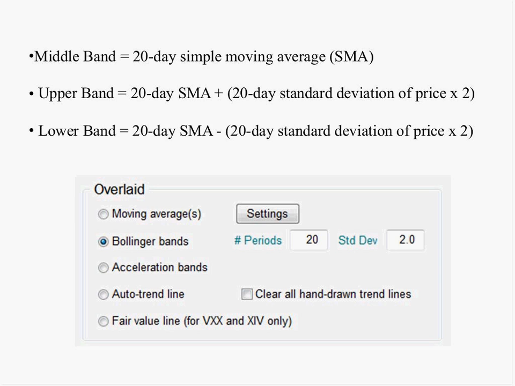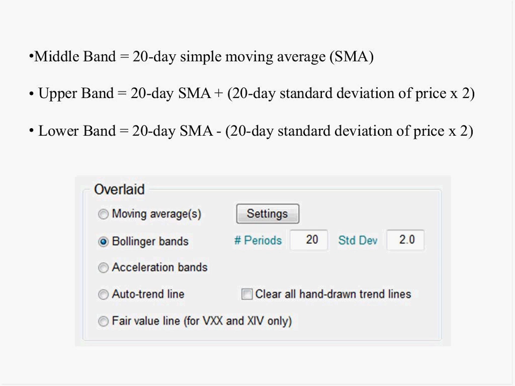Typically, a default charting program is going to have a similar setup, where for Bollinger Bands you can determine the periods of the average, how volatility is determined, and where the bands are set, either one standard deviation or 2 times that one standard deviation.